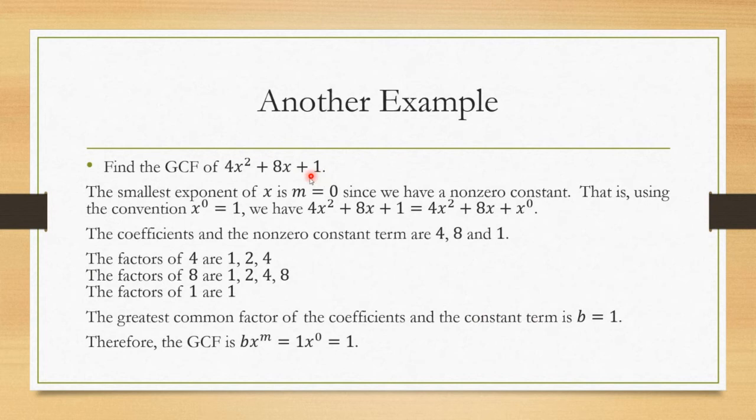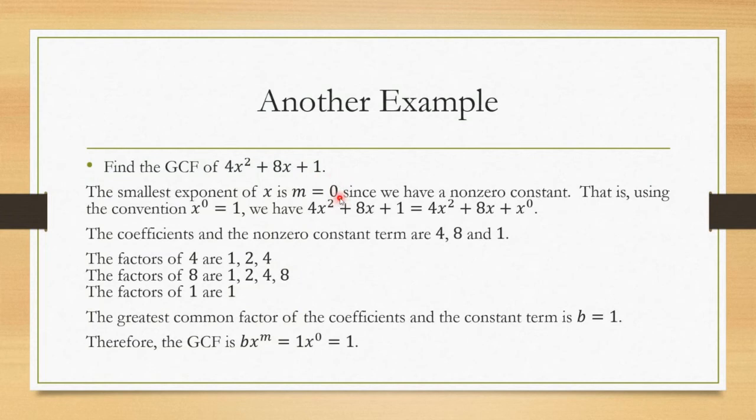If we were to find the GCF of this, again, there's a non-zero constant term here, a term with no variables. So the smallest exponent of x is 0. There's no x's here, so we take the exponent to be 0. M is 0.